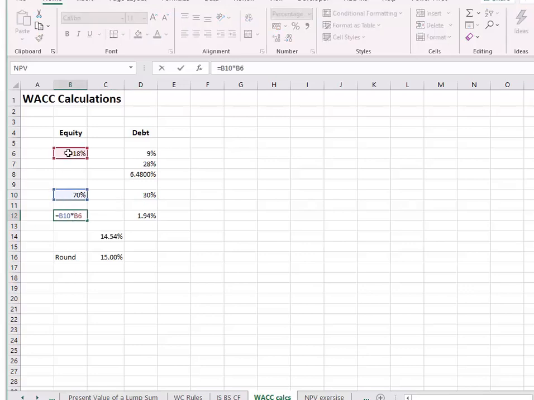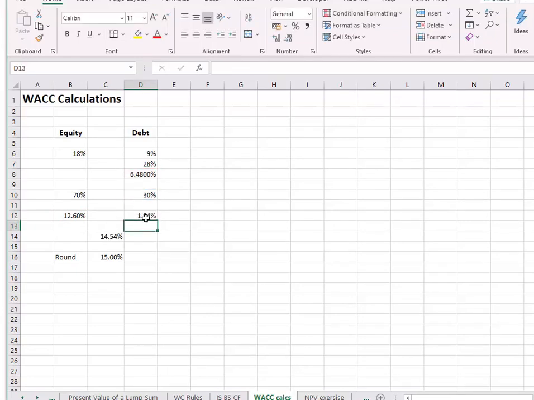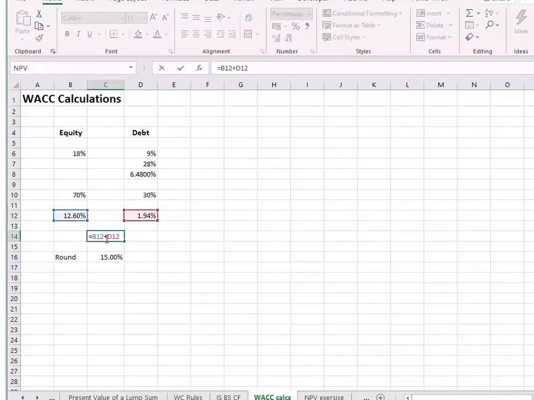What is 70% of 18? I've simply multiplied those two together. And here, what is 30% of 6,48 to get that proportion? Once we've got the proportions of the two sources of capital, we can add them together.